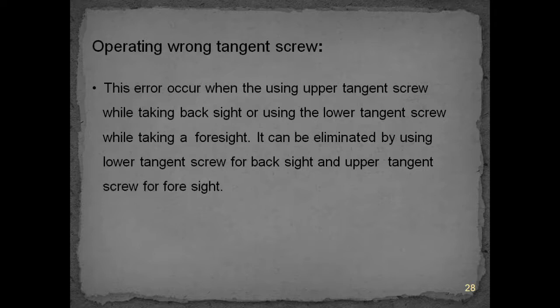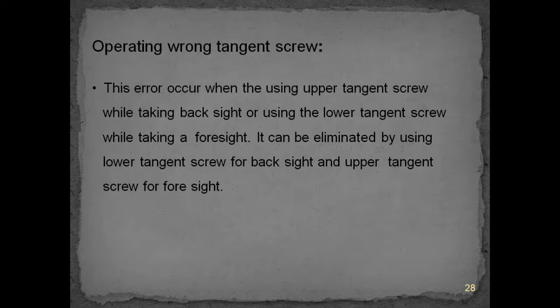Suppose, as we discussed earlier, if you want to rotate the instrument, you tighten the upper clamp and loosen the lower clamp. And if you want to know the reading, you have to tighten the lower clamp and loosen the upper clamp, because I want to know the angle between 2 points, so the upper clamp should be loosened so that readings will be noted.